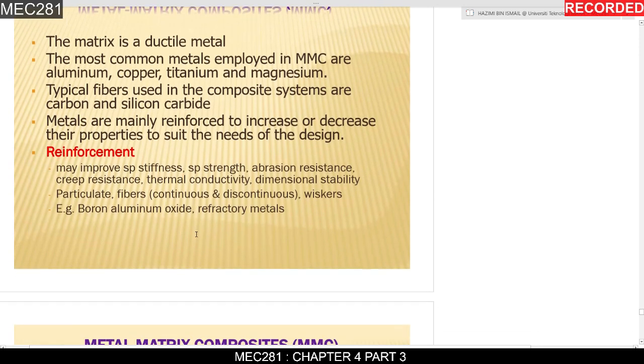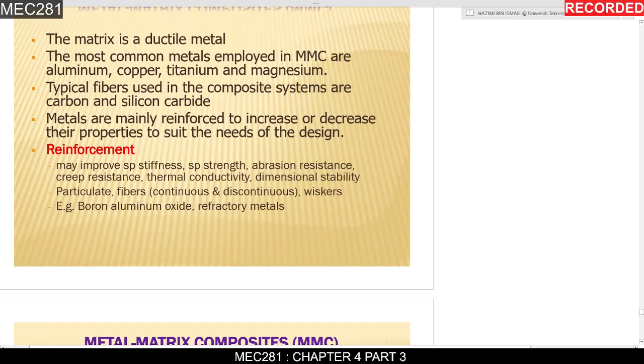Okay, so the reinforcement may improve stiffness, strength, and abrasion resistance, creep resistance, thermal conductivity, dimensional stability, and the particulate or fibers also can be from the continuous and discontinuous type, and so on.